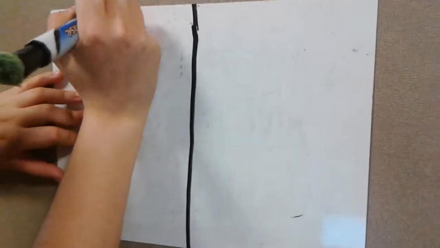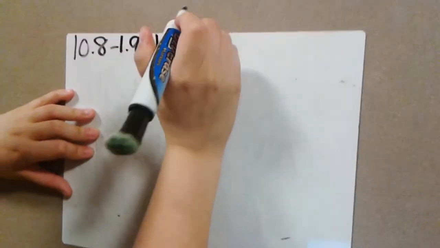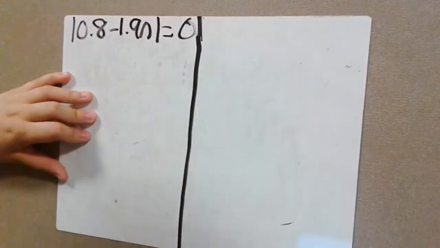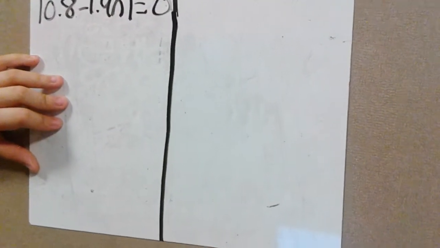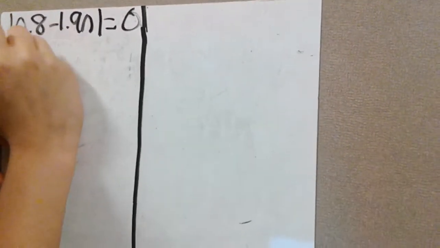So let's try another problem. Problem 2 is the absolute value of 0.8 minus 1.9n equals 0. So first we isolate the absolute value expression, so it equals 0.